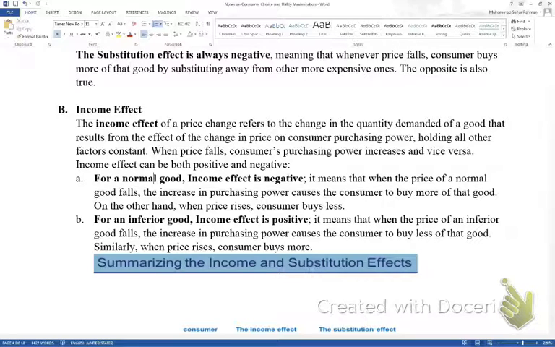Now, on a theoretical side, inferior goods are goods that can have some kind of brand loyalty. So let's say you are poor and you go to Walmart and you buy Walmart branded jeans. You don't really care about other more expensive brands because you cannot afford that, right?